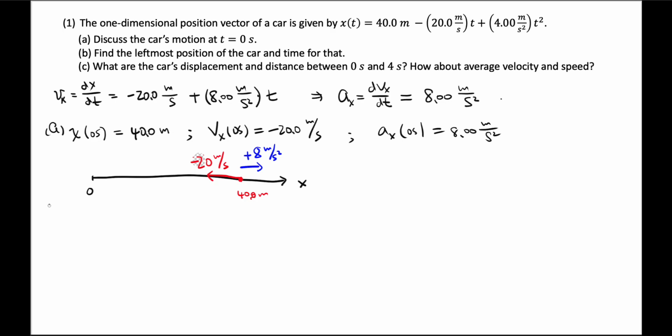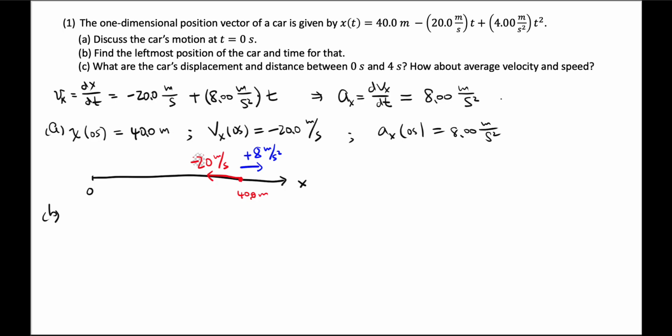Now question B, find the leftmost position of the car and the time for that. So now we know the acceleration is opposite the velocity, and it's going to reduce the magnitude of the velocity, right? You can say decelerate. So the car will decelerate until the instant when its velocity becomes 0, and that will give us the leftmost position.